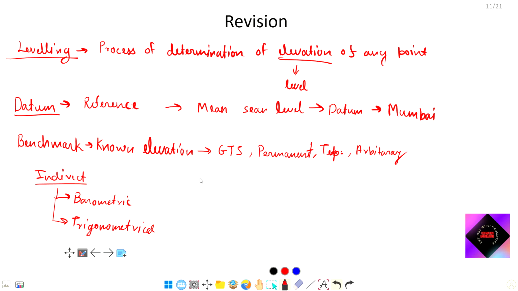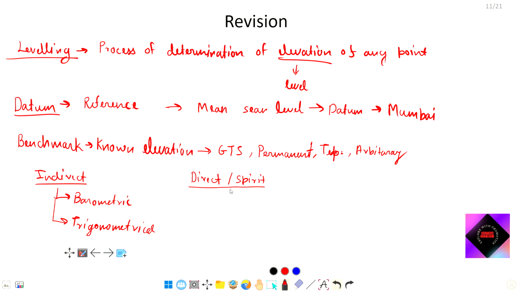So we come to another way of measurement, that is direct leveling, which is also called spirit leveling. It is called spirit leveling because it uses an instrument called dumpy level or auto level, which has a spirit bubble tube in it, which is used for leveling of the instrument.